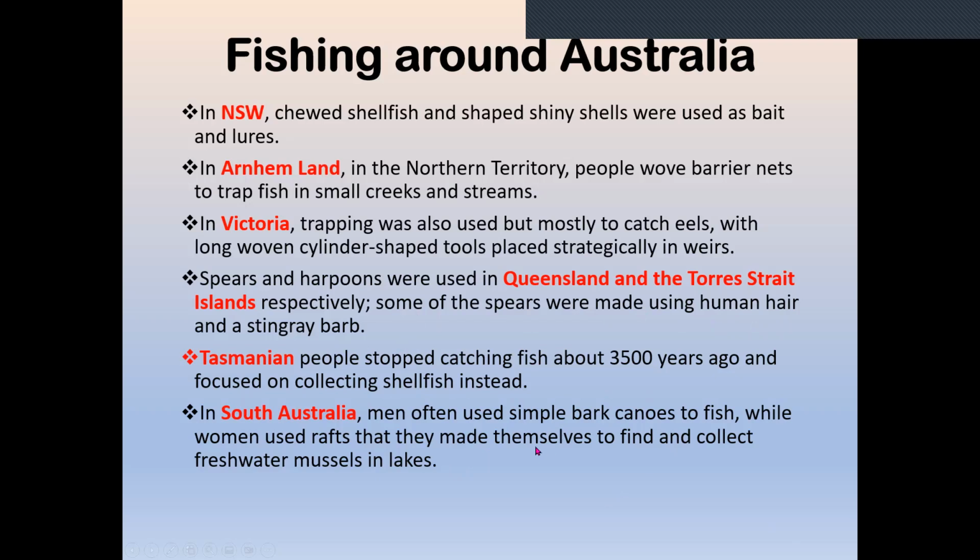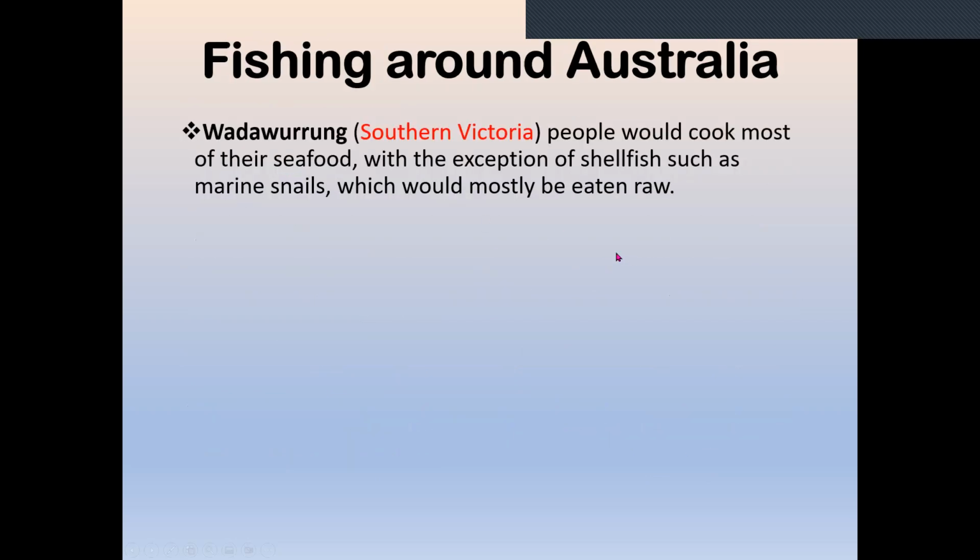In South Australia, they used little bark canoes to fish. And the women used rafts that they made to collect freshwater mussels. So they walked through these shallow areas and they just threw the mussels or whatever else they picked up onto this small raft.